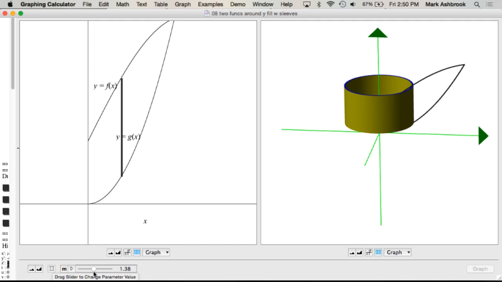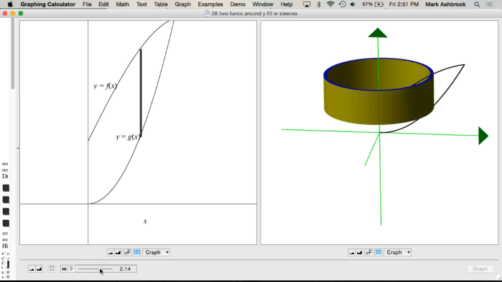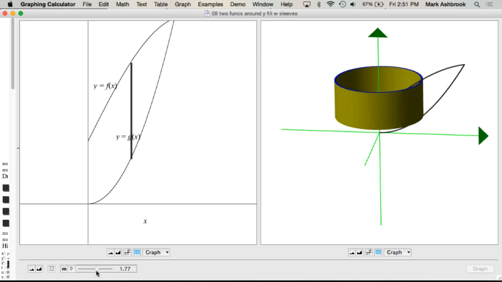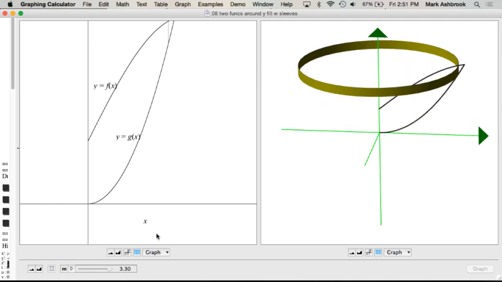Your radius would simply be the distance from the y-axis to the curve, which is x, right? Your radius will be x. Your height will be f of x minus g of x. Smooth sailing or problems? Smooth sailing, okay? What about if we do delta y intervals?